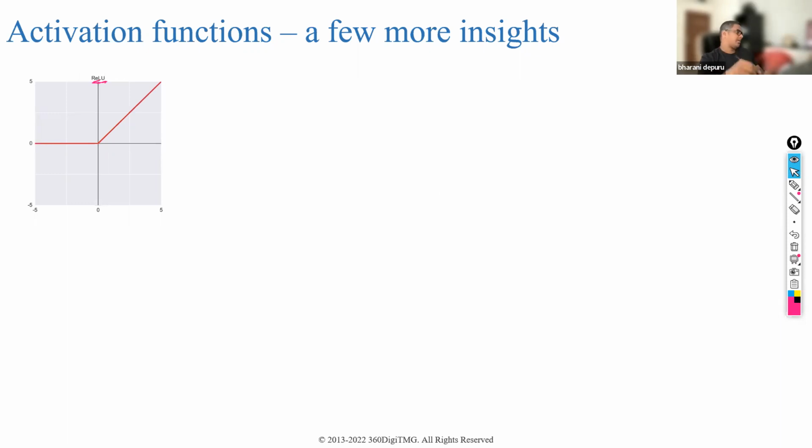When you look at this specific activation function, again, a neuron will contain integration and activation. This integration will give this activation function some number, right?